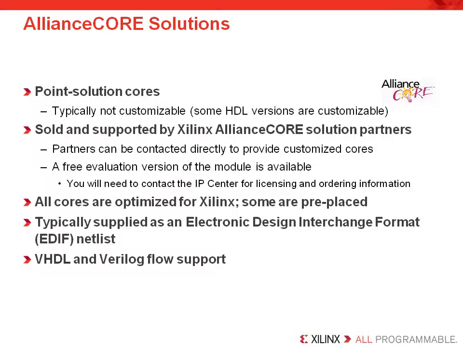You can also get a free evaluation version of the module which is available in the list, but you will need to contact the IP center for licensing and ordering information. All these cores are optimized for Xilinx and some are pre-placed. The core is typically supplied as an EDIF netlist file. It also supports the VHDL and Verilog flow.